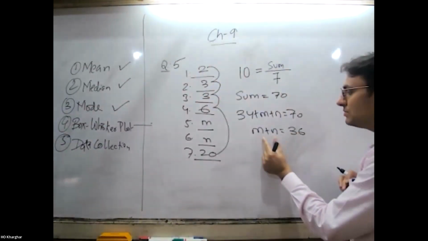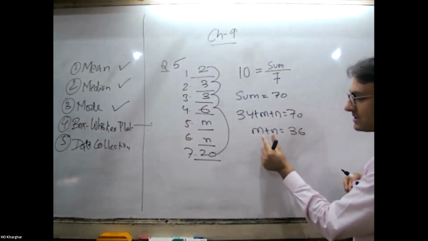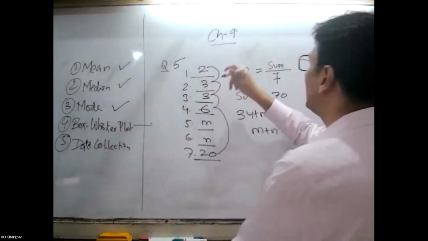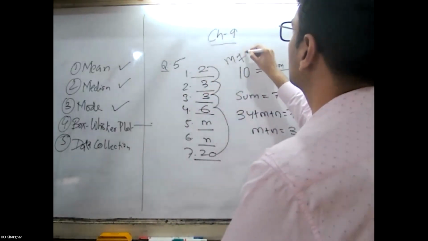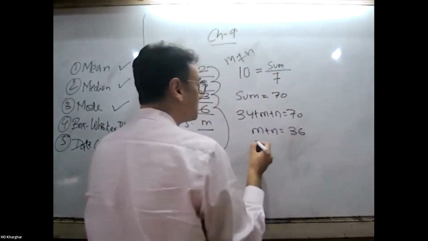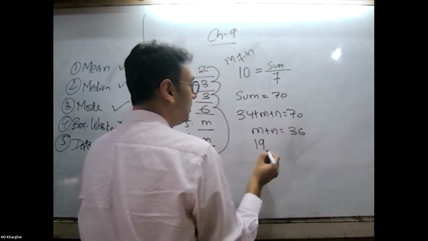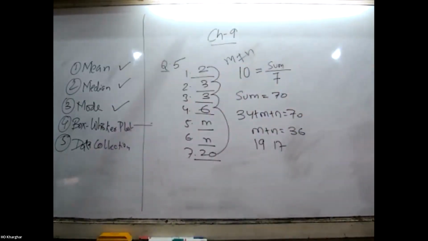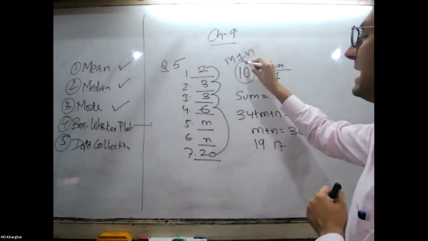M and N are also integers, and the sum of integers gives me an integer. Now M cannot be equal to N because 3 is the most occurring, so there cannot be 18 and 18. The other possibility is that one is 19 and the other is 17. Which means that 10 is a possible average.